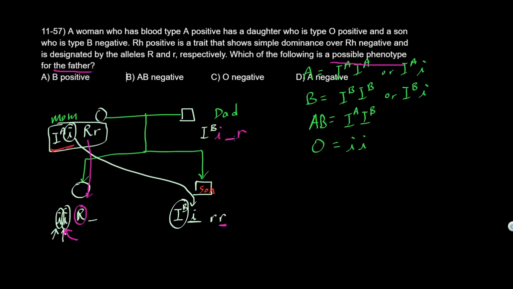So this is kind of a mystery here. That means, by looking at this, the dad has to be blood type B, but he could be negative or positive. But then there's only one answer key that says B positive here. So it must be A.